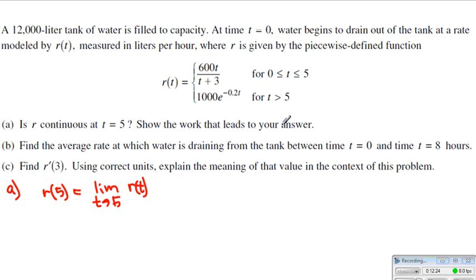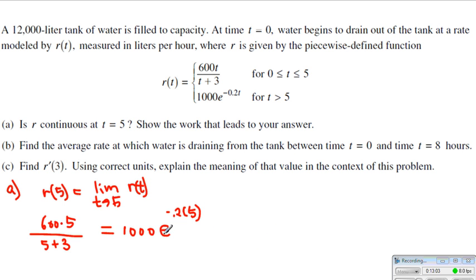Now, R of 5 belongs to the upper one, where we get 600 times 5 divided by 5 plus 3. In fact, is that equal to this value when t is greater than 5, where we get 1000 e to the negative 0.2 times 5?